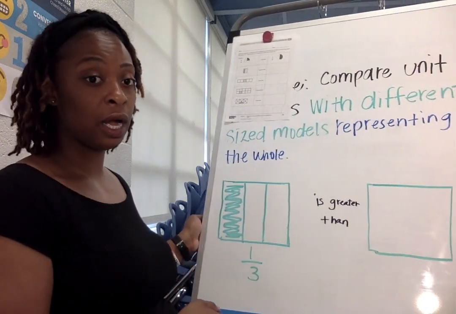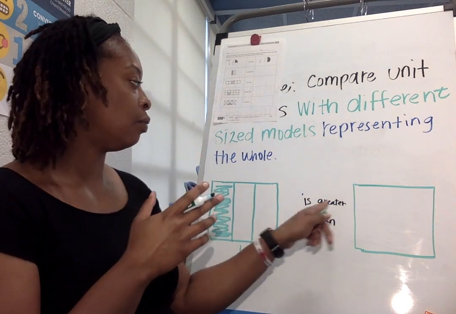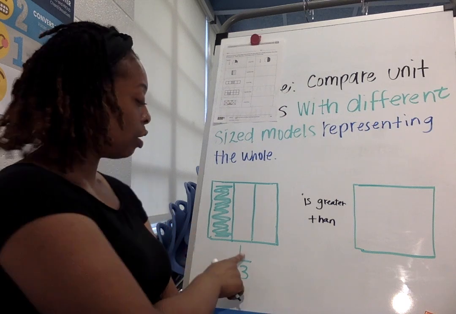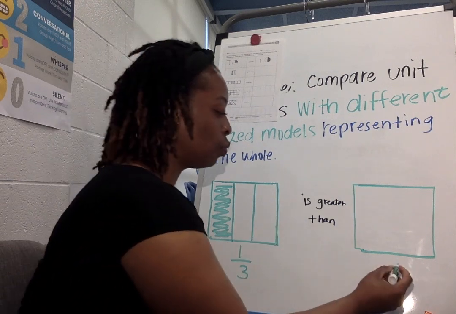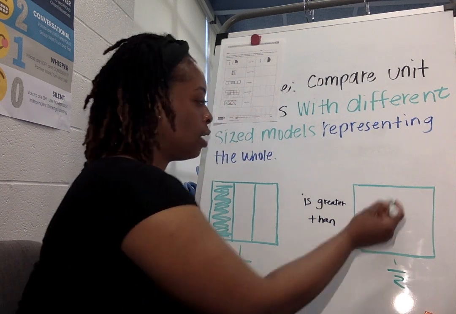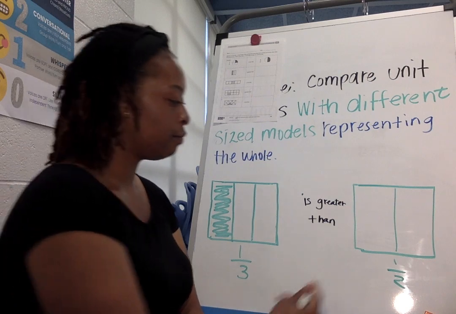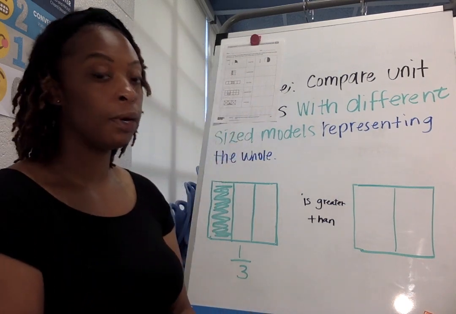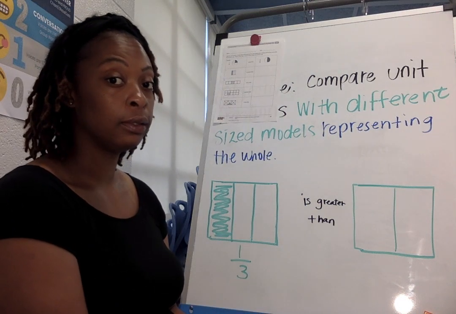They do not have to be thirds, but the sections need to be smaller so we can make the sentence true to show that 1/3 is greater than whatever we draw here. So our denominator has to be larger than 3, because if we do 1/2, that means we're just splitting it down the middle, and 1/3 is not greater than 1/2. So we cannot use 1/2. We need to use a fraction that has a denominator greater than 3.